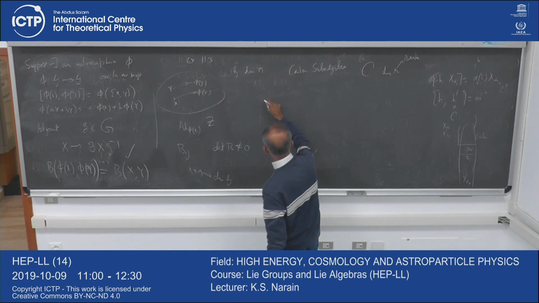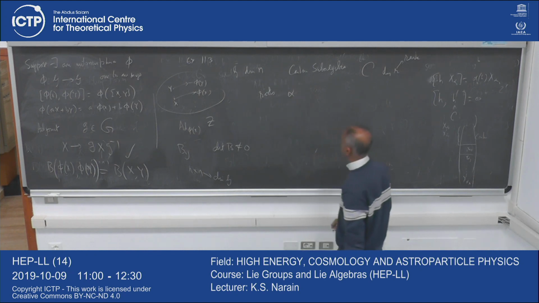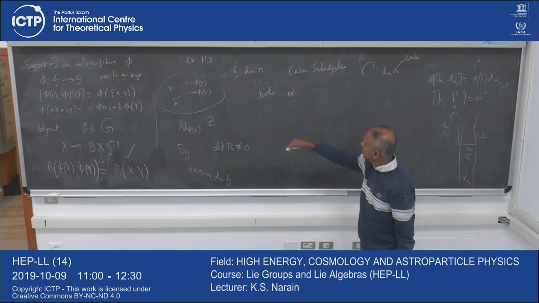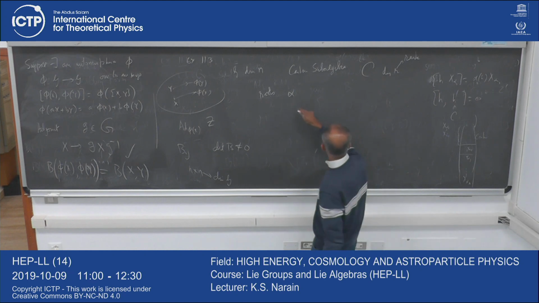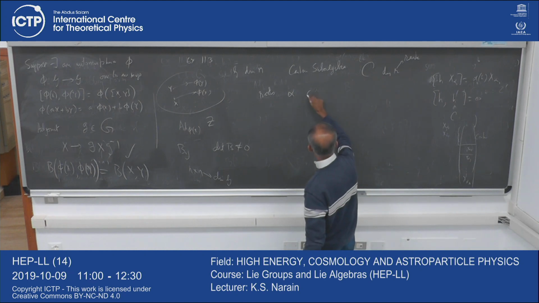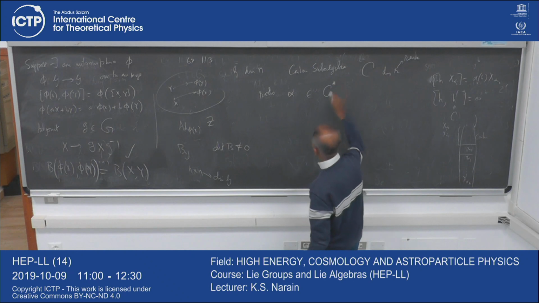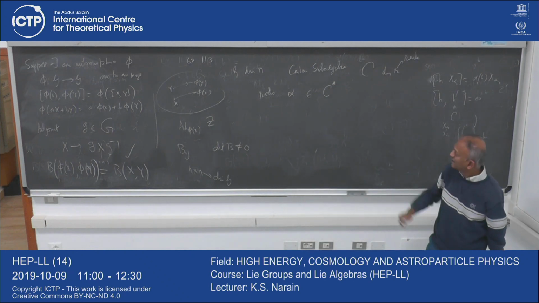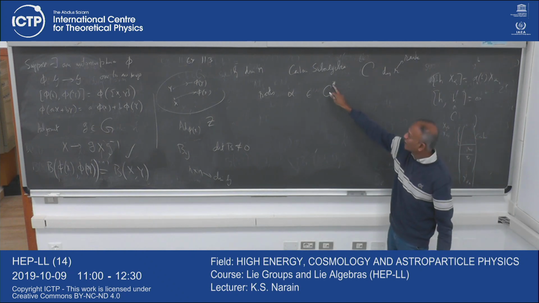Now what we had was the roots, alphas, that I was calling alpha_i. This lives in the dual space. This belongs to C star. The star is just a dual, it's not a complex conjugation.